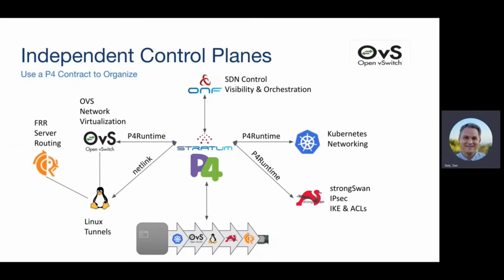We wanted to take that same mechanism so that if OVS creates a tunnel, that tunnel information will go over netlink into the P4 pipeline. But if there's a configuration in OVS, let's say a new table entry is created or a new MAC address is learned, we use P4 runtime to copy that new MAC address into the P4 pipeline.